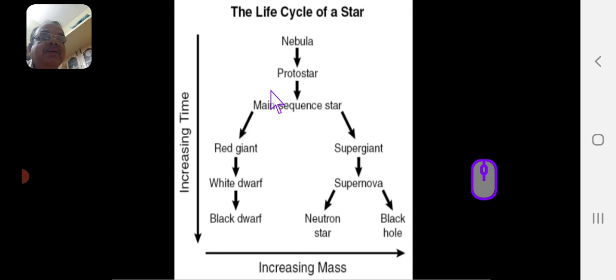As fusion of hydrogen starts, the fusion of hydrogen produces helium, and a large amount of energy is produced. As the energy is generated by means of nuclear fusion, the protostar enters the main sequence.